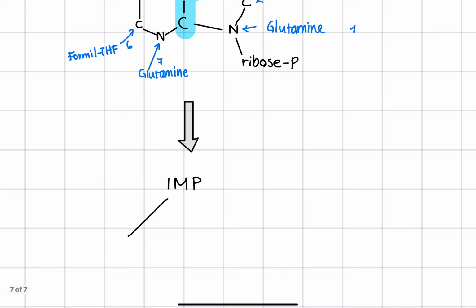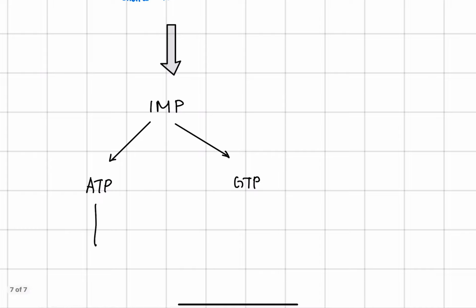And this can then transform to ATP or GTP, and then through a special enzyme that we're going to mention later called ribonucleotide reductase.